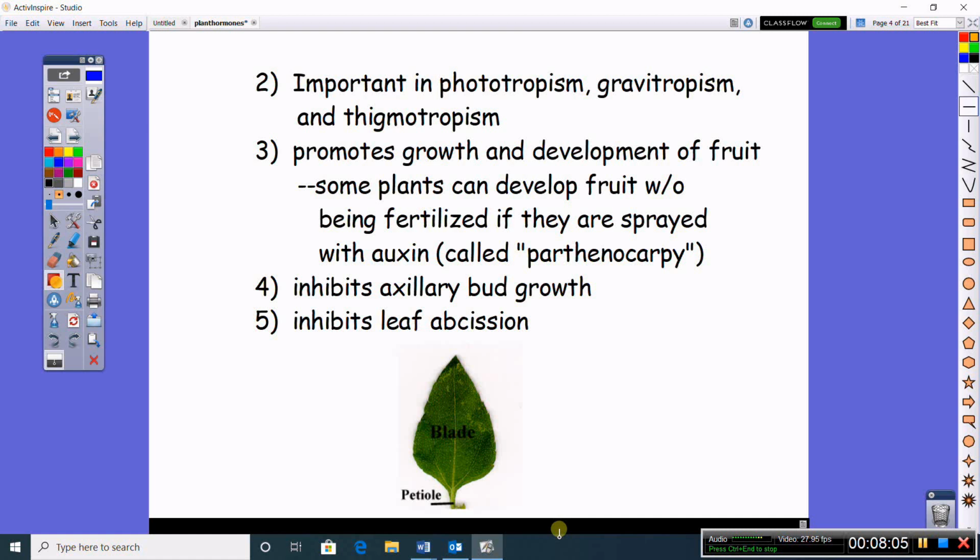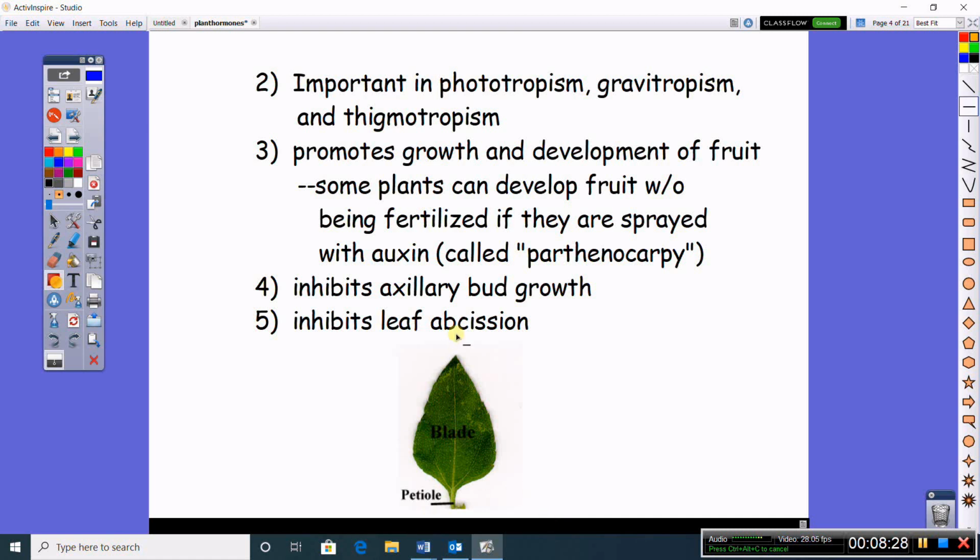So what you're going to see a lot of in notes today is you're going to see a lot of, okay, it promotes this thing happening or it inhibits this other thing happening. And so a lot of times, like superheroes and villains, these plant hormones work in pairs. One is going to promote something happening, and one is typically going to inhibit something from happening.